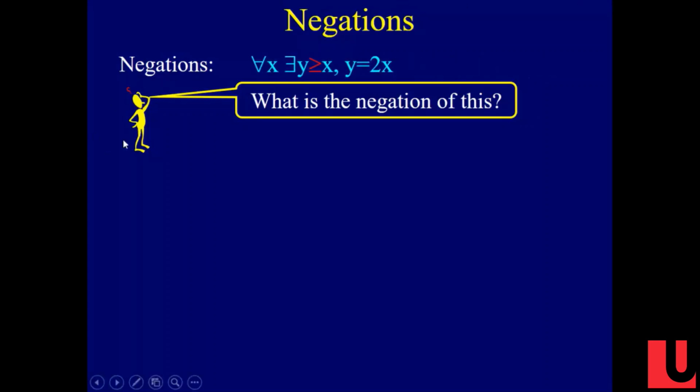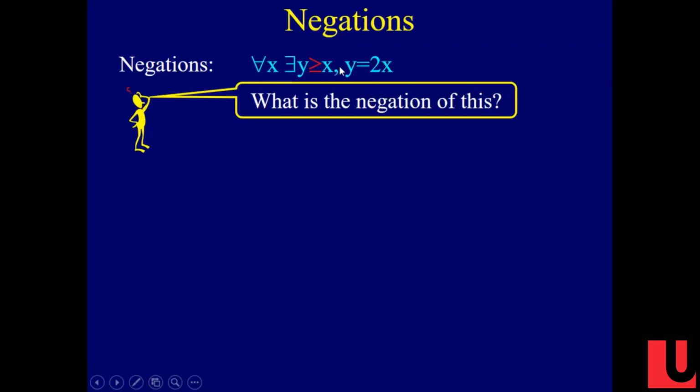Here we're saying for all x, there exists a y bigger than x. Now this is getting into weirder notation, because the range of the y depends on the x. But people write this kind of stuff all the time, so you should know what it means.